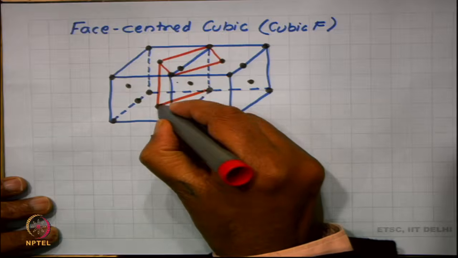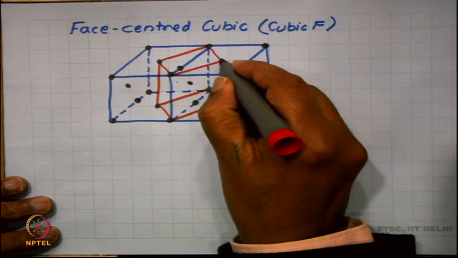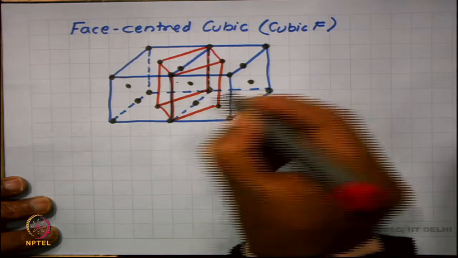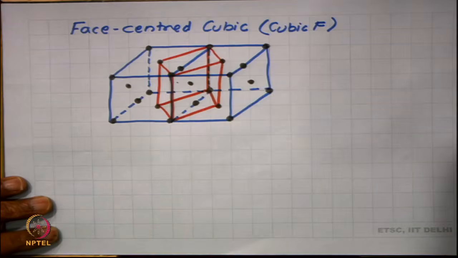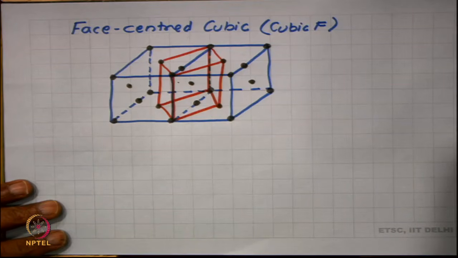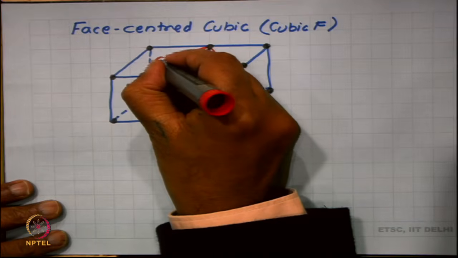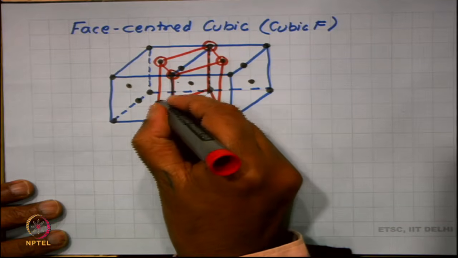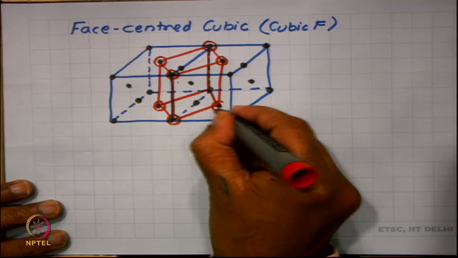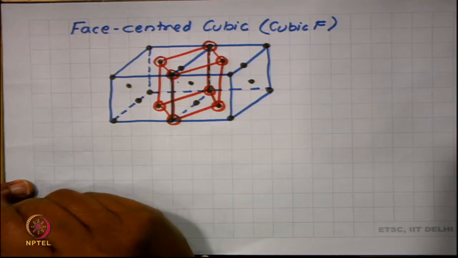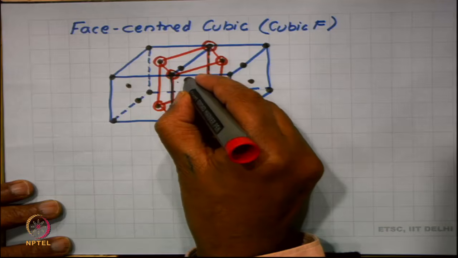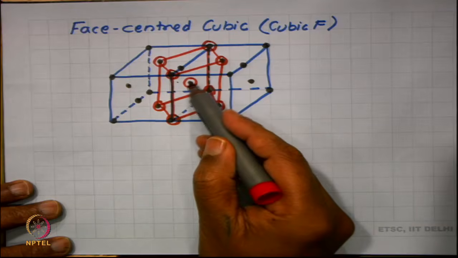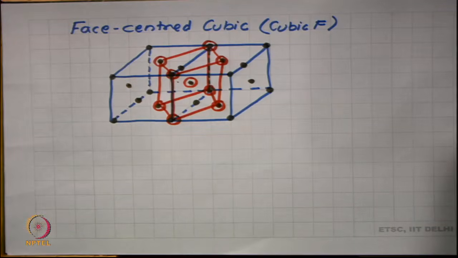So, the red unit cell is representing our new choice of unit cell in this lattice. And now, if you look at the location of lattice points, you have them at corners, and you also have one in the body center of this new unit cell, because what was at the common face center now becomes the body center of this red unit cell.